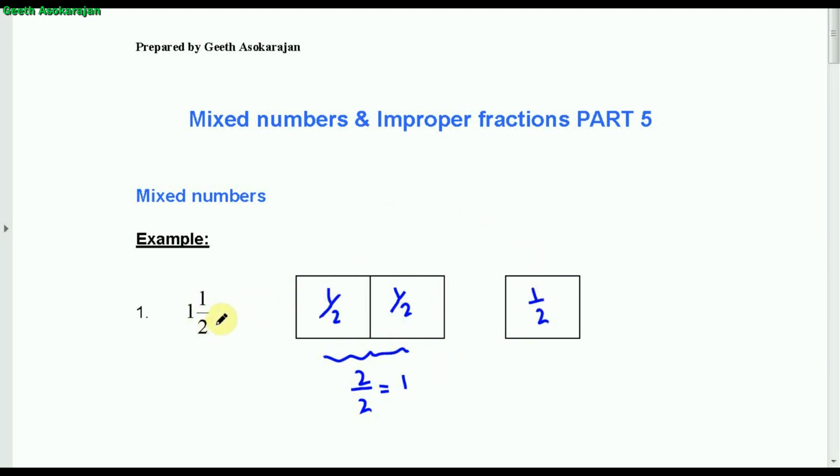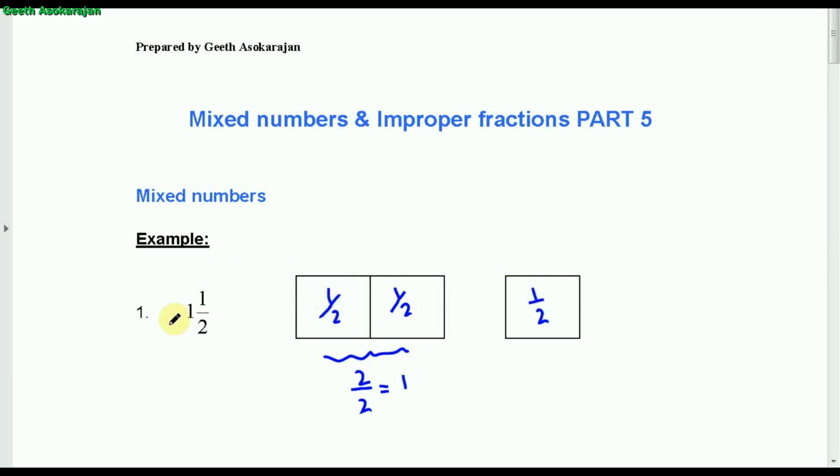I've visualized it in terms of halves, since we have halves over here. So this one whole is two halves, so two halves, or 2/2, gives us 1, together with an extra half.